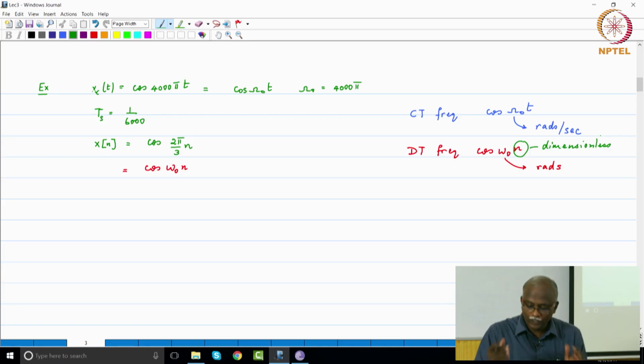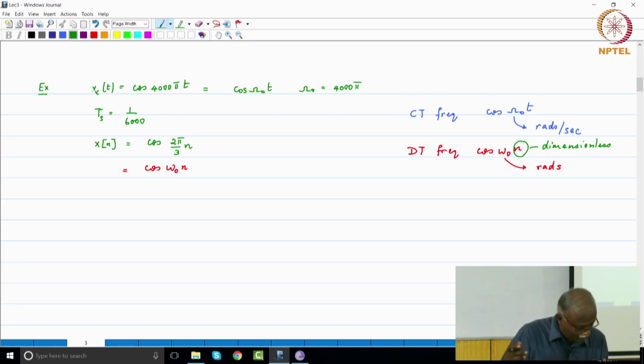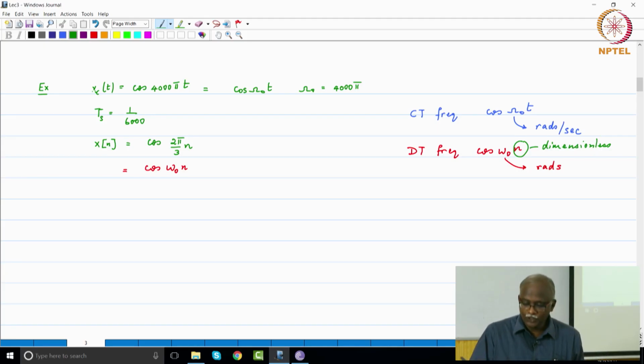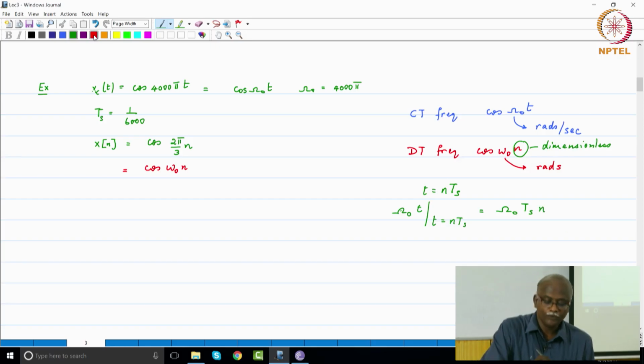So, therefore, for omega naught n to have radians, omega naught should be in radians. And now if you were to compare, when you substitute t equal to nTs, omega naught t gives you omega naught Ts times n, of which these two terms combined become omega naught.